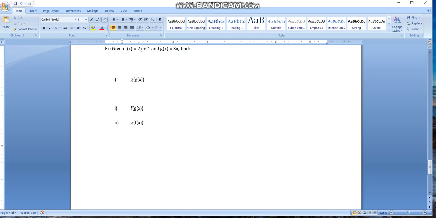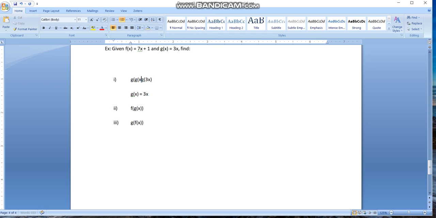So g of x: we're taking our function, g of x is 3x. So this means we're substituting this 3x into here. Okay, so 3x gets substituted in there.